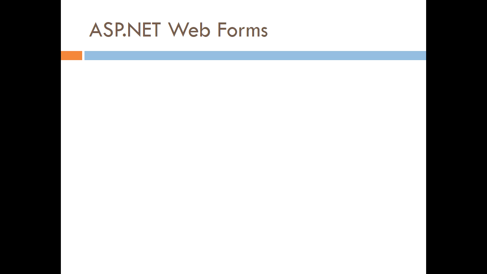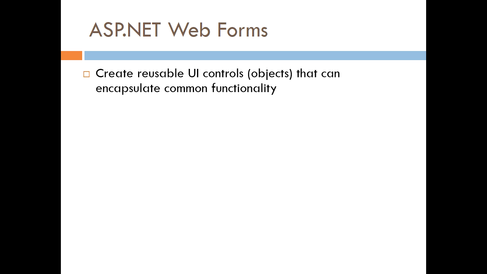Okay. Basically what we do is we have reusable controls that we can put on these web forms. They call it a web form, right? And these controls can be our standard HTML elements. We can use them and manipulate them from the server, but even better, there's a whole bunch of new, very sophisticated controls, right?